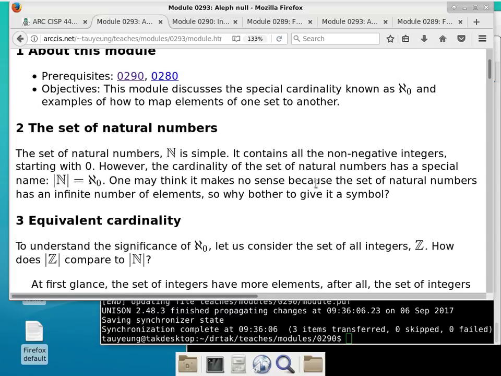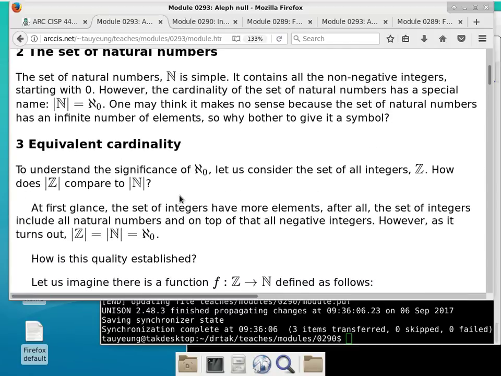Don't ask me why, it is just the definition. The cardinality, when you count the number of elements of the set of natural numbers, is by definition known as Aleph Null, or Aleph 0. Just a symbol.